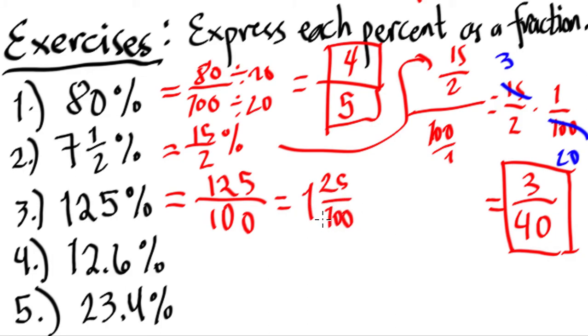Maybe you can watch my videos on making an improper fraction into a mixed number. 125 divided by 100 is 1, and whatever is the remainder is the numerator. So we can simplify further. 25 over 100, we have done this in the example before. This becomes 1 and 1/4. Okay, so 125% is equivalent to 1 and 1/4.